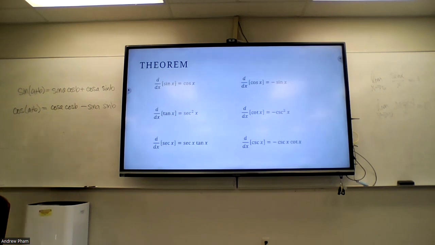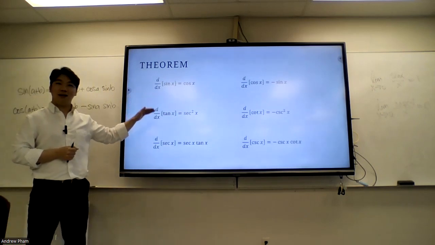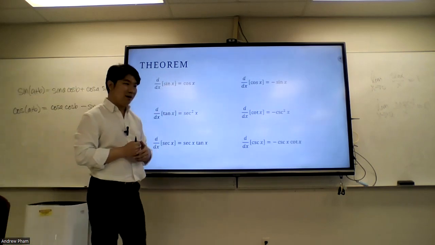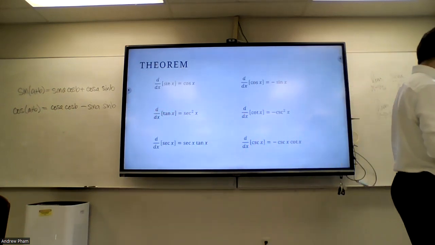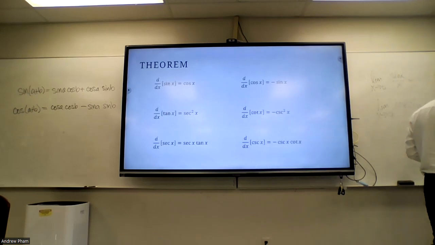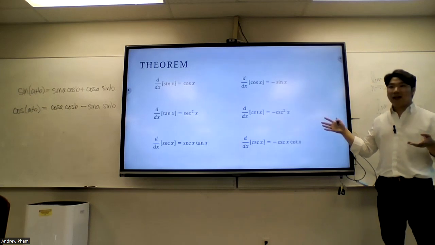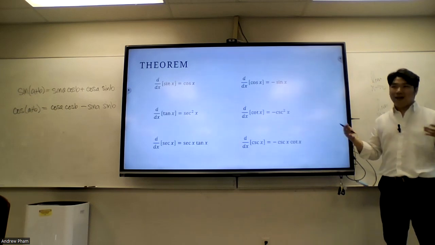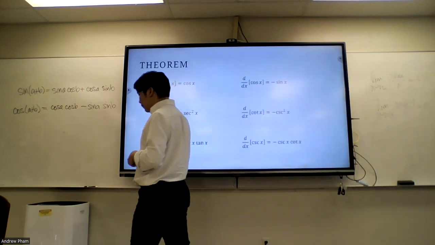Again, there's a very particular reason why I put it in this order instead of just putting sine, cosine, tangent, and then the other 3. I'll give you some moments, and while you're doing it, think about the pattern that we see here. All of these are stuff that we could have proven, like what I did for sine, but at that point, it's kind of tedious that we're doing the same thing over and over again.